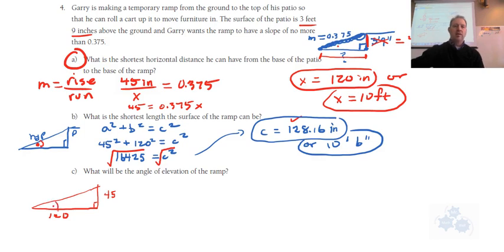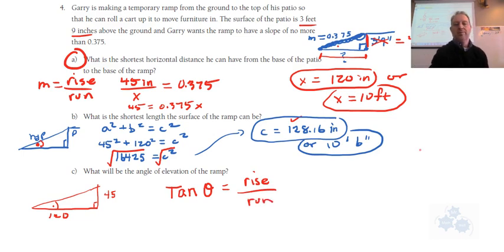How does this angle relate to the opposite side here and this side down here, the rise over run? Tan of this angle equals what? Opposite over adjacent for tan, or rise over run.